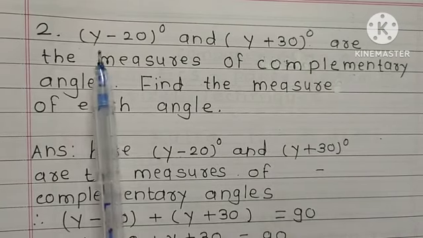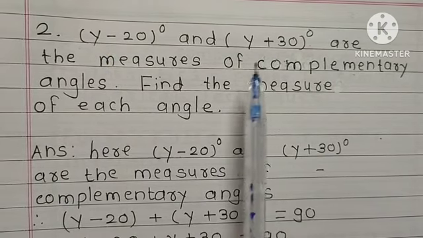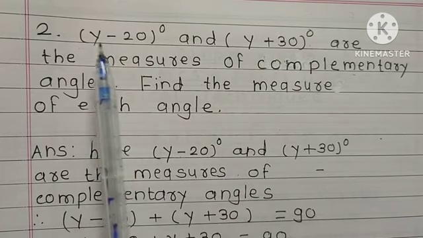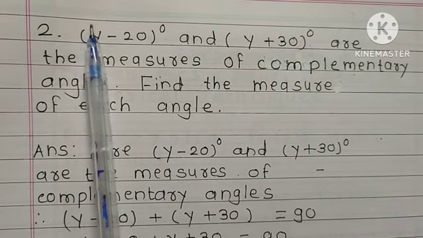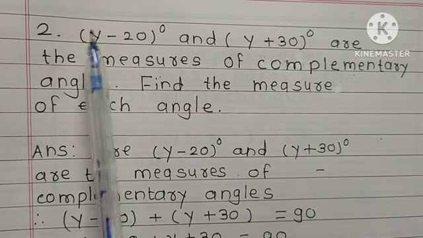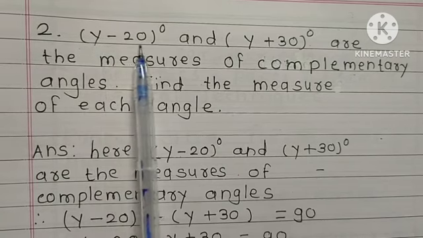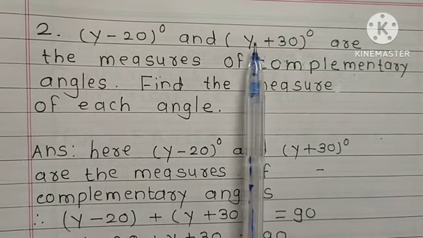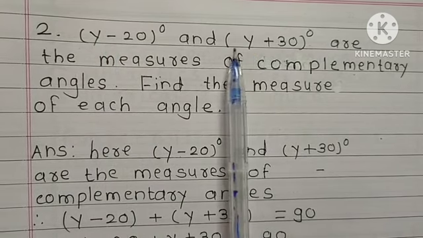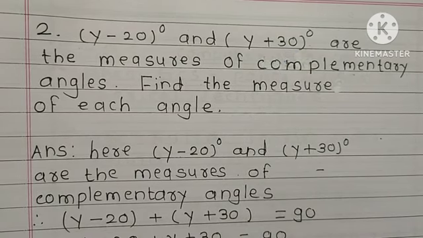So we have to find this angle and this angle. That means we should get the value of y. If you get the value of y, put it here, you will get the measure of this angle. Put y here, you will get the measure of this angle. This is the central idea.